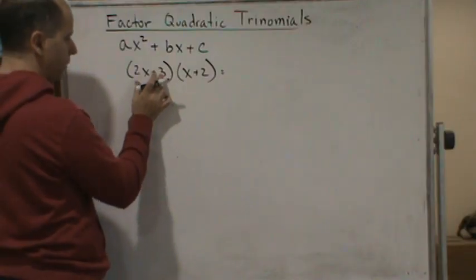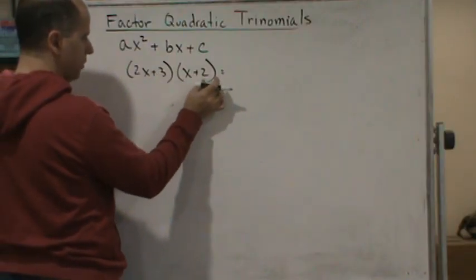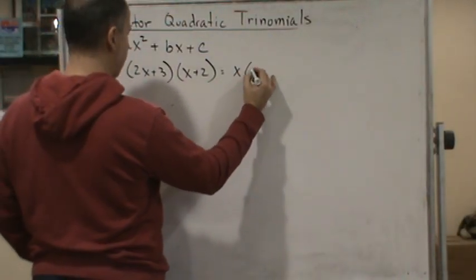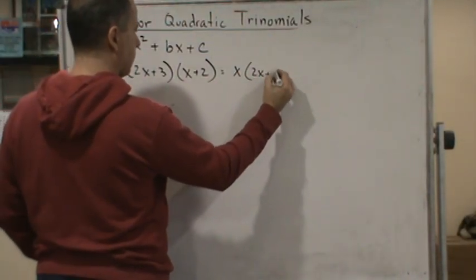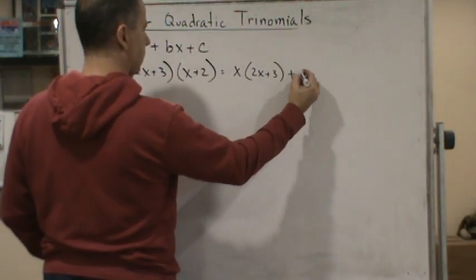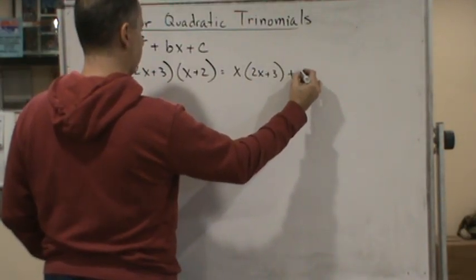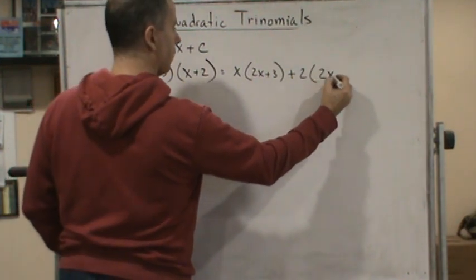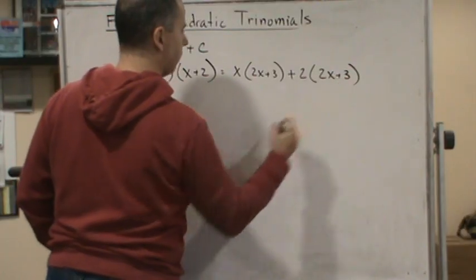So we're going to distribute this among these two, or between these two. So we get x times 2x plus 3, plus 2 times 2x plus 3, right?